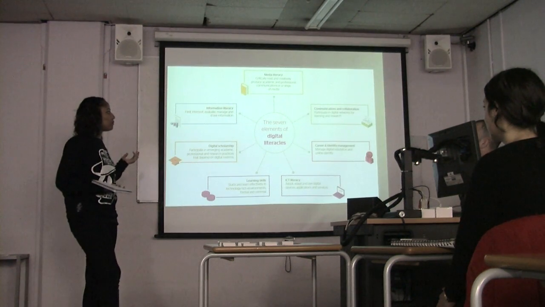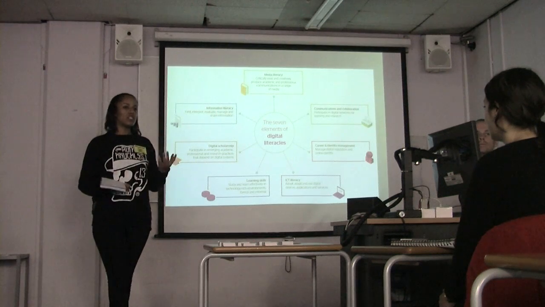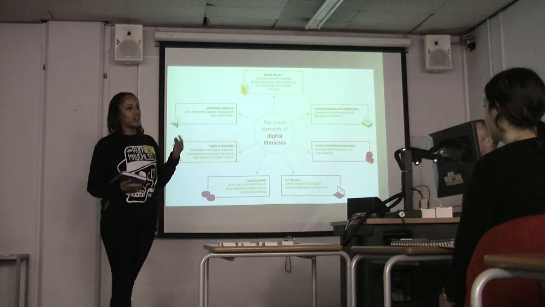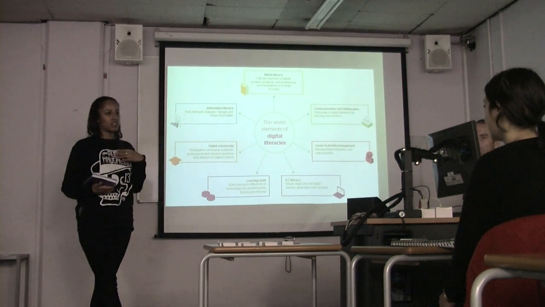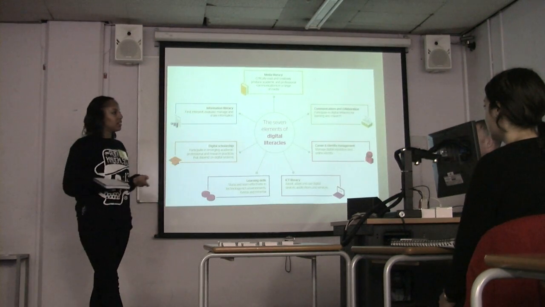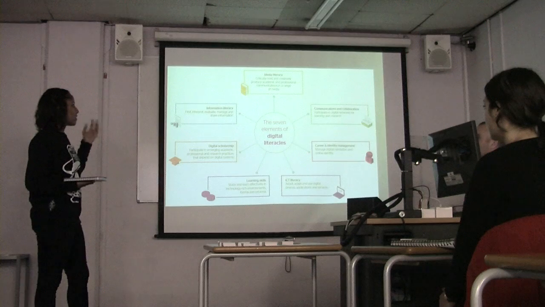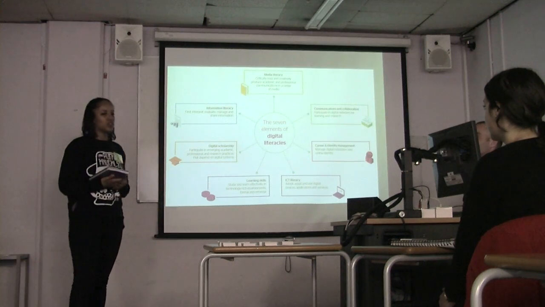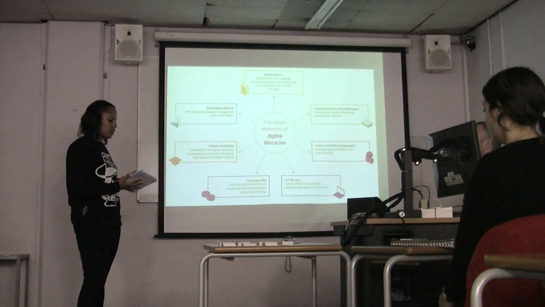But learning how to use these things and why they're important is really important in order to protect yourself and also protect what we're doing here, academia. There are 7 different elements of digital literacy, which I'm going to talk about a little bit more.